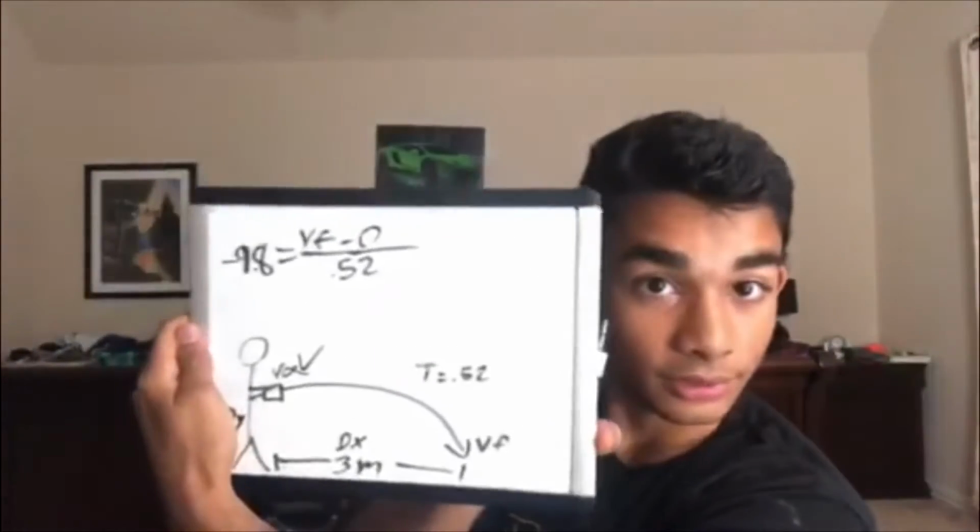0.52. And if you didn't already know, acceleration due to gravity is negative 9.8. Now we get this. Now we have to isolate the variable, which is the final velocity, times both sides by 0.52.